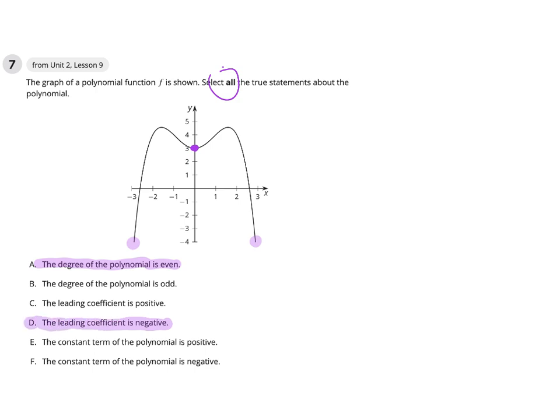It faces down, so the leading coefficient is negative. The constant term of the polynomial is positive because the constant term equals the y-intercept. And those are our practice problems for today.